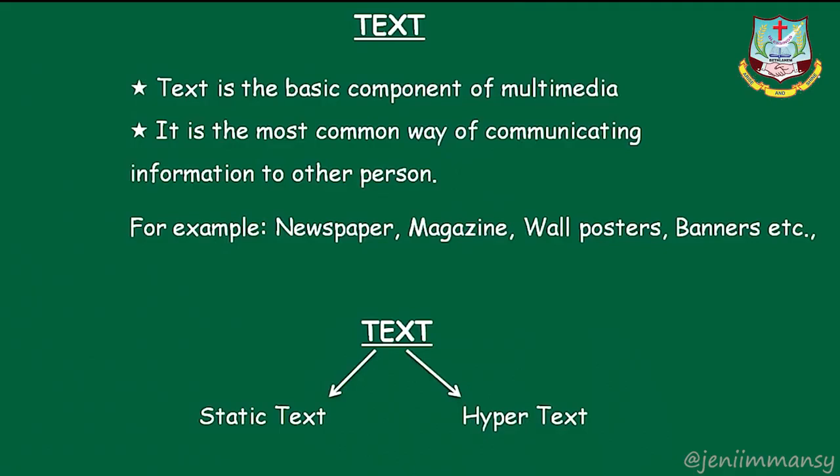You send a message and you receive a message, and through the text medium only you are communicating information to other persons. So text is the basic component of multimedia. Even though multimedia includes image, video, audio, and graphics, text is said to be the basic component. As I said, first we will see static text.